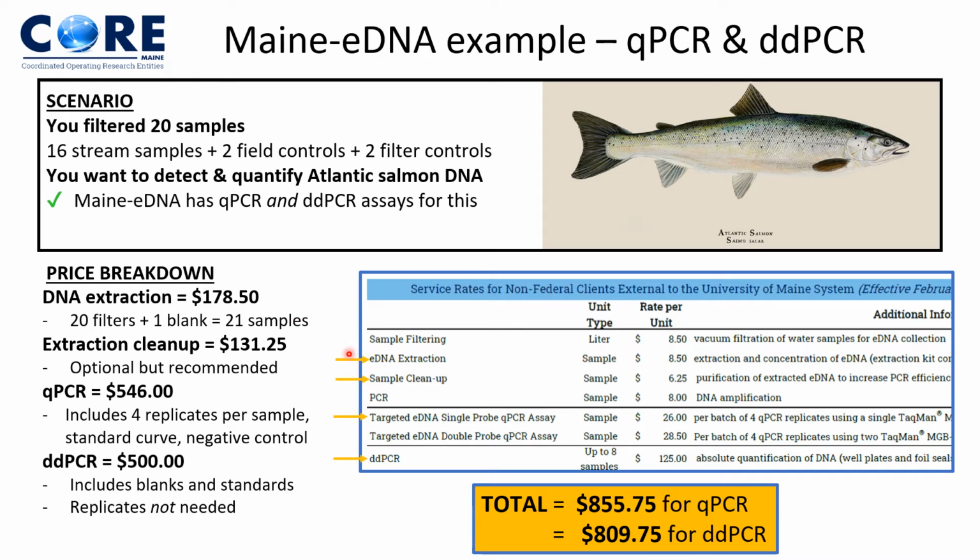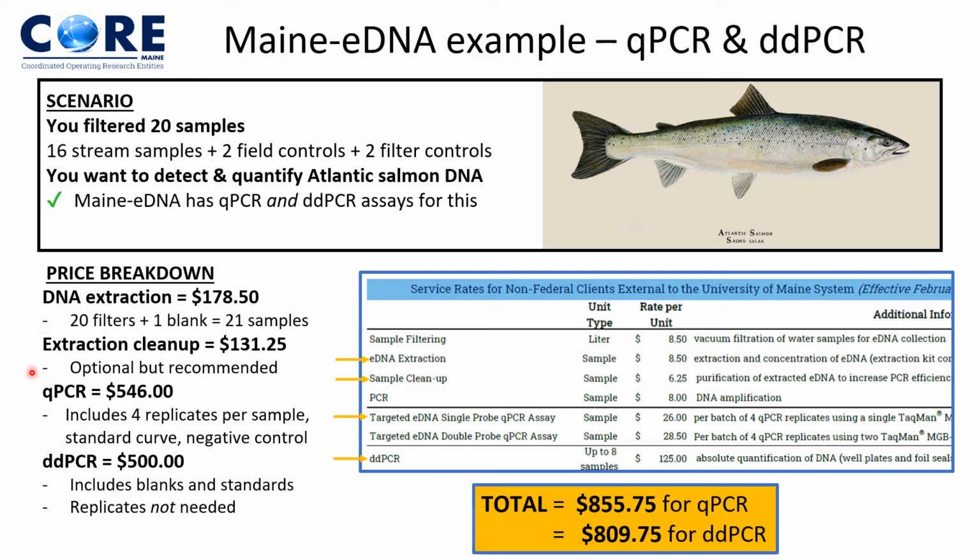Now, to find the rate for this, you go down to eDNA extraction, and the typical eDNA extraction protocol that the lab runs costs $8.50 per sample. If you want your extraction done another particular way, you just have to work out that rate with the core directly. So if you multiply 21 by 8.5, you get about $178 for DNA extraction.